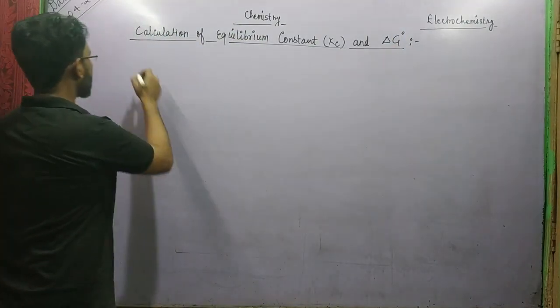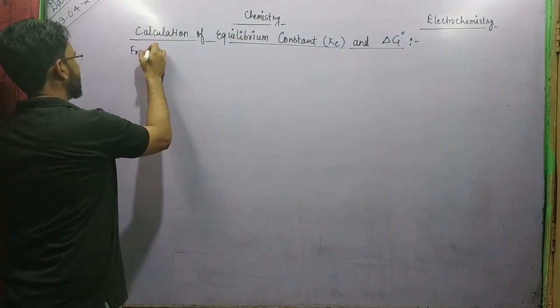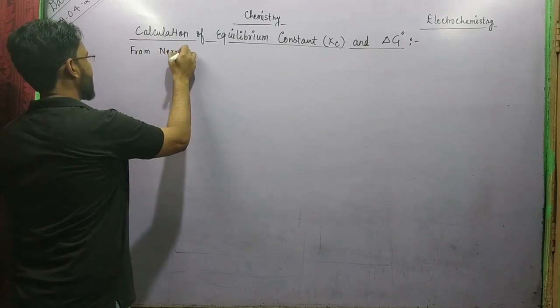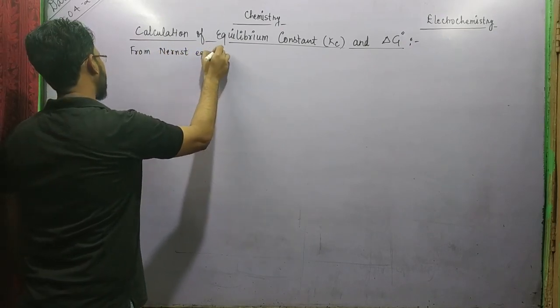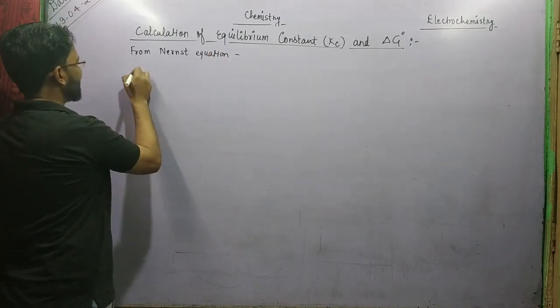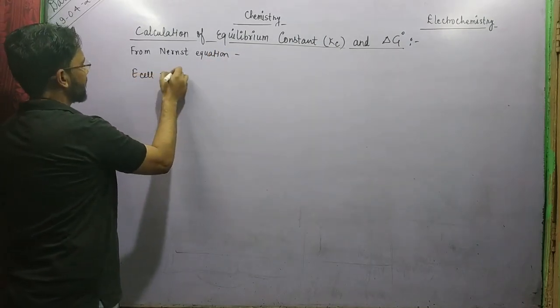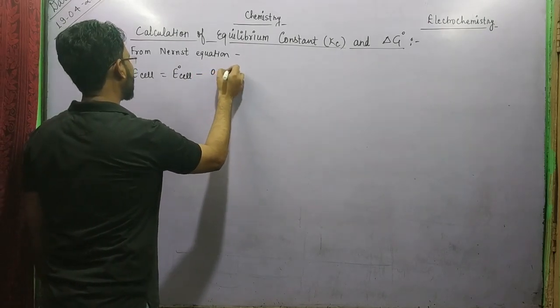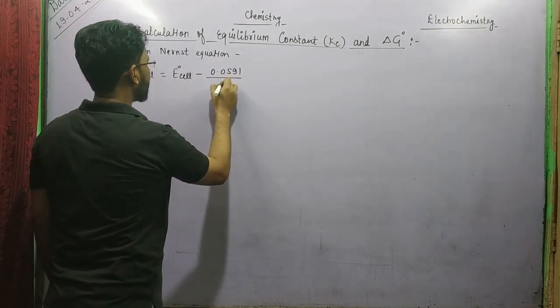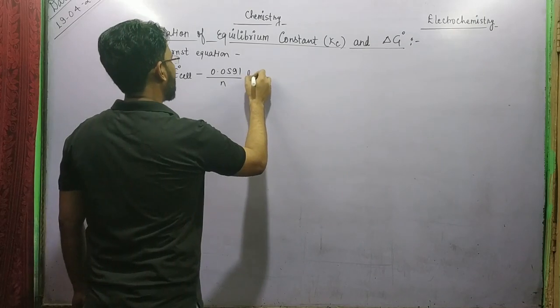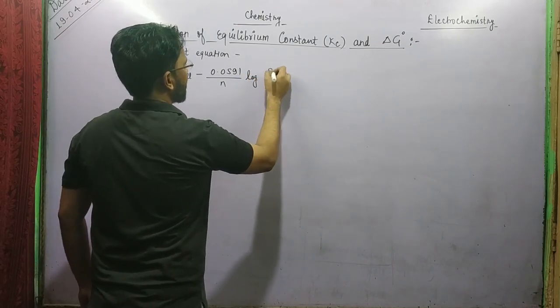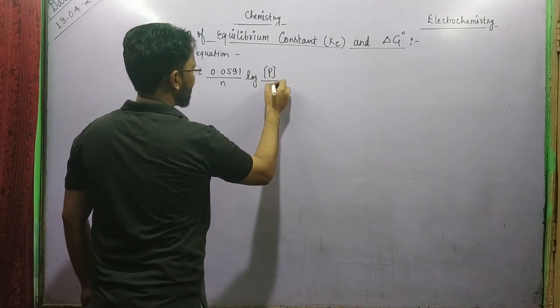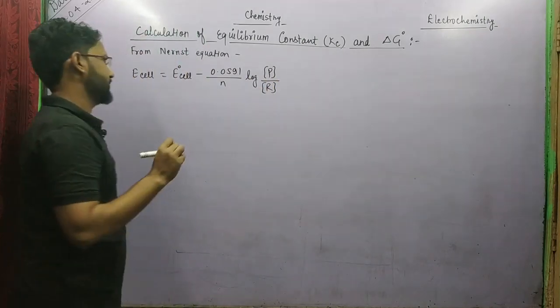From the Nernst equation, we know that E cell equals E naught cell minus 0.0591 over n log concentration of product over concentration of reactant.